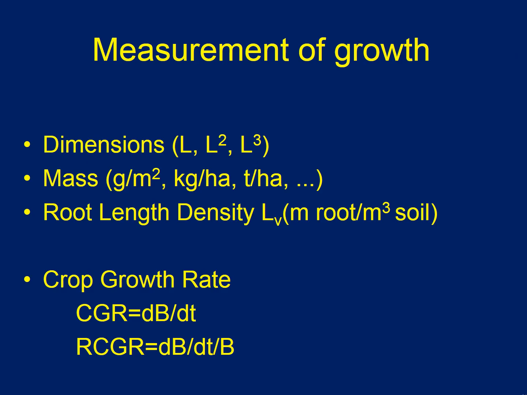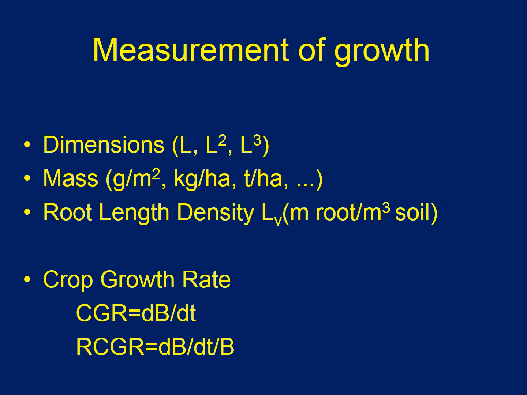We can measure growth by sampling the crop at different times, measuring either the dimensions, the length, the area, or the volume of plant organs. We can sample plants and measure the dry mass expressed in grams per square meter, kilograms per hectare, or tons per hectare.